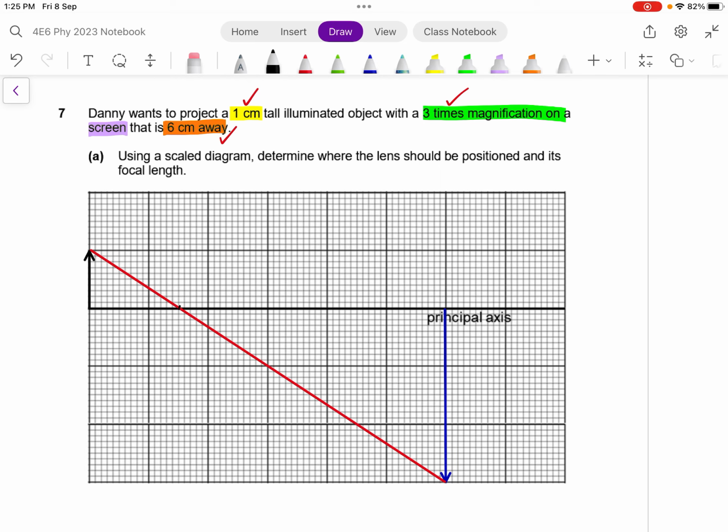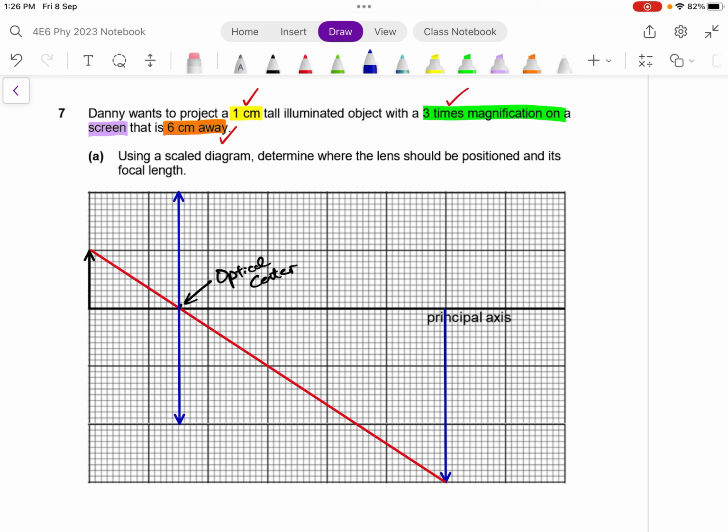So I already know the optical center must be here. This will be my optical center, and optical center basically is where your lens is. So in this case, I have also figured out where my lens is. So my lens is around here.